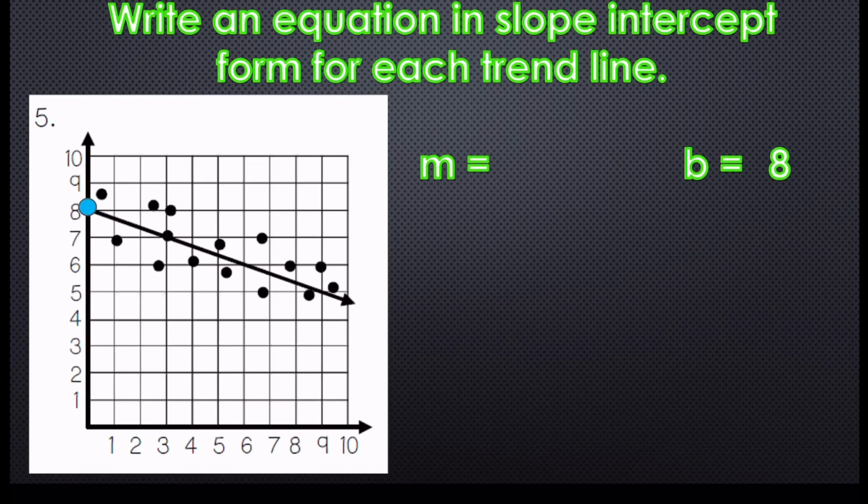Why not use that point, 8, and then the next point? Remember, it's where our grid lines meet that is our next point. So what happens is I would go down 1 and right 3 to have -1/3. That's my slope. So I'm then going to write it as y equals -1/3 x plus 8.